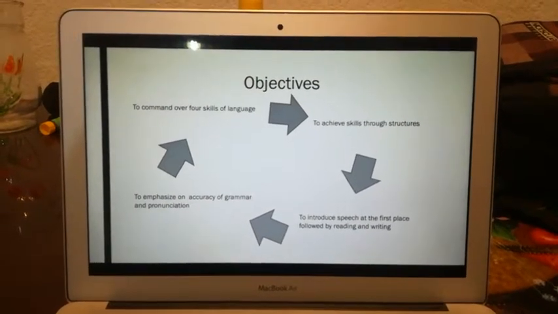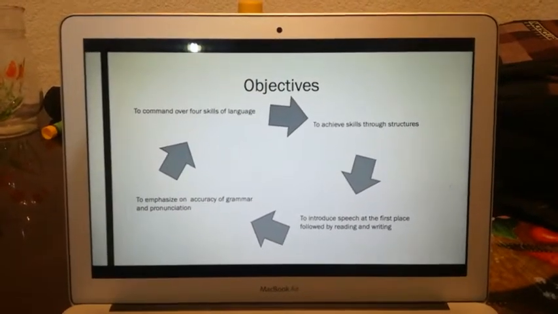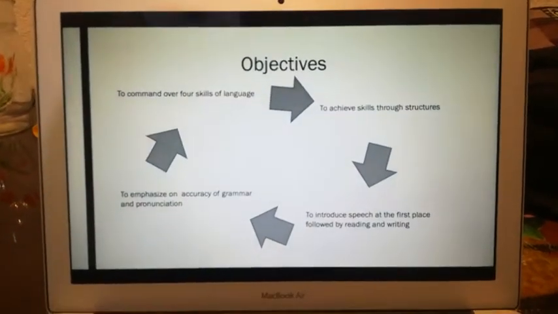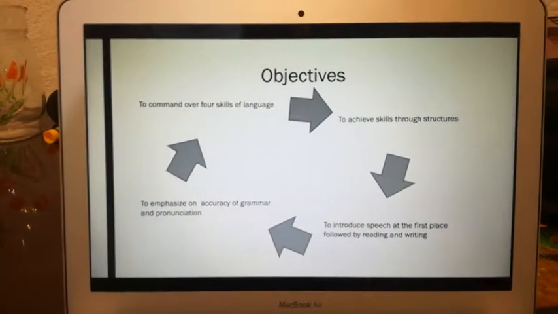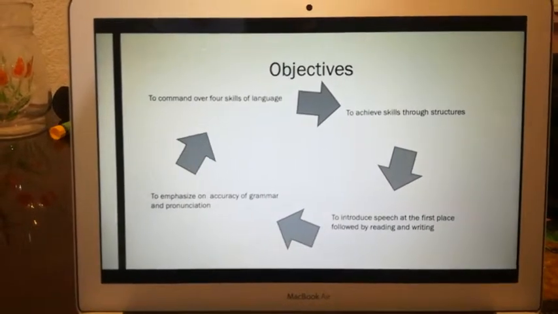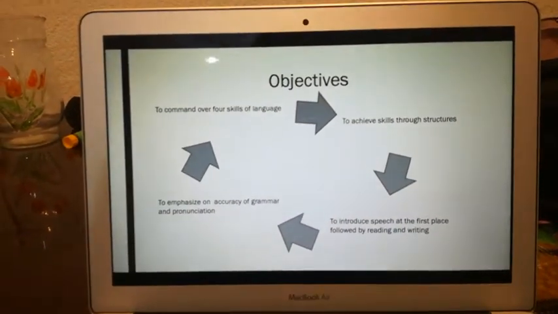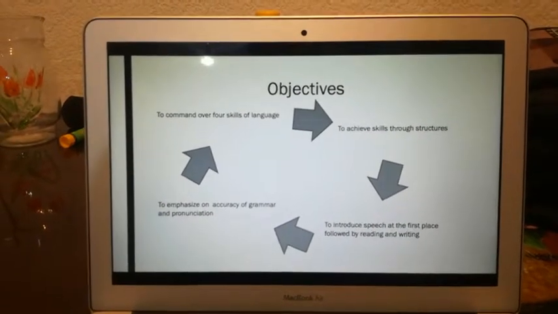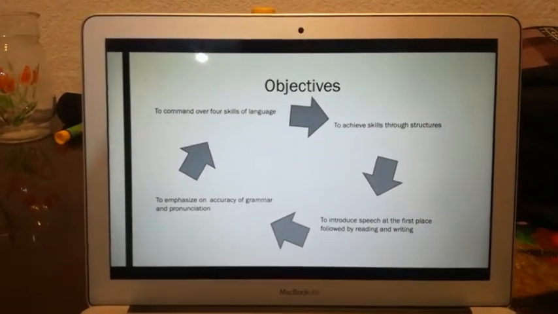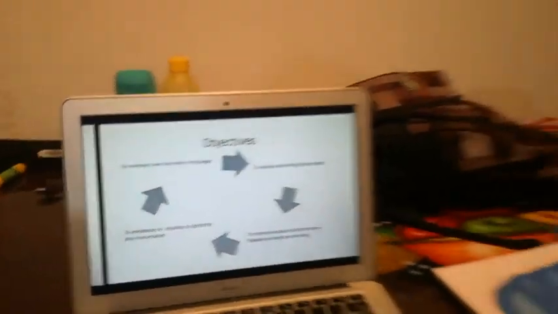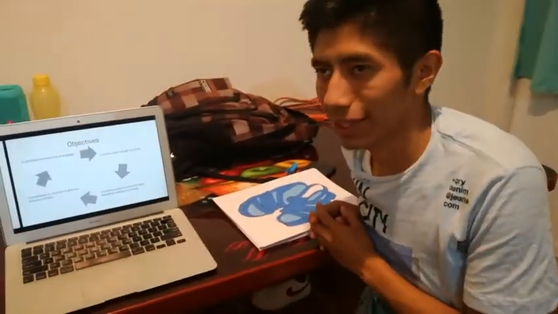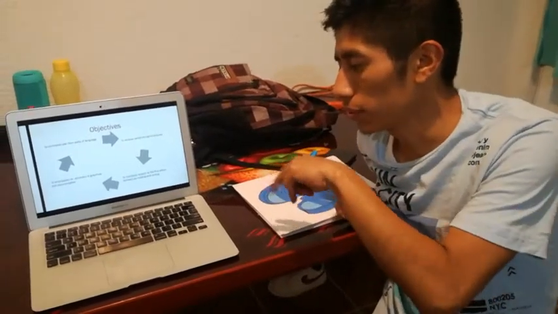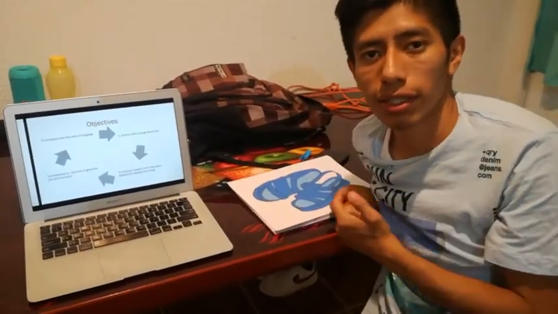The second objective is to achieve skills through structure, like the last example using the verb to be. And the next is to introduce speech in the first place, followed by reading and writing. At the beginning of this video, I told you that this oral approach focuses on these skills, that is, reading and writing.